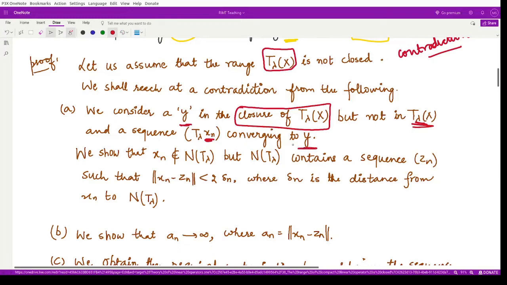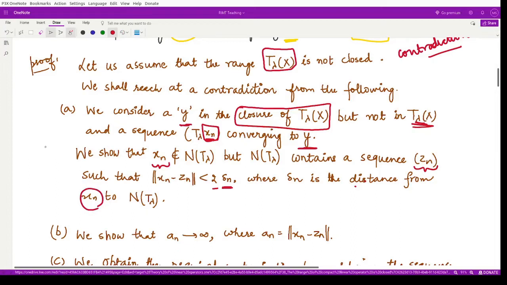Assuming this, we will show that xn does not belong to the null space of T lambda, but the null space of T lambda contains a sequence zn such that the distance of xn from zn is less than or equal to 2 times delta n, where delta n is the distance from xn to the null space of T lambda.